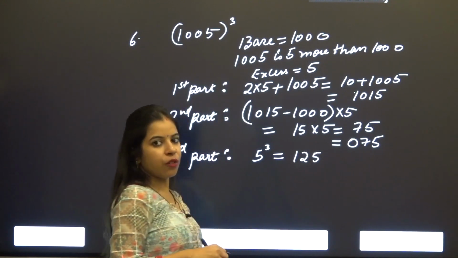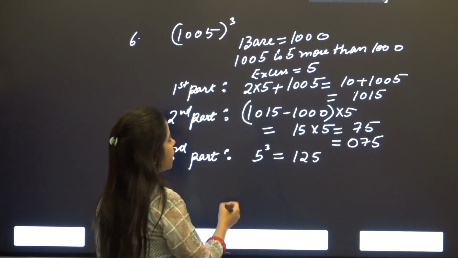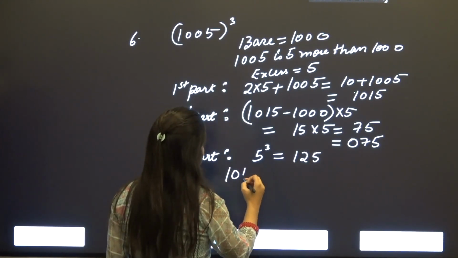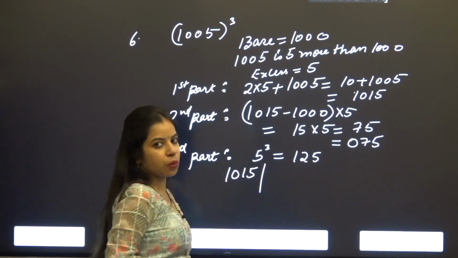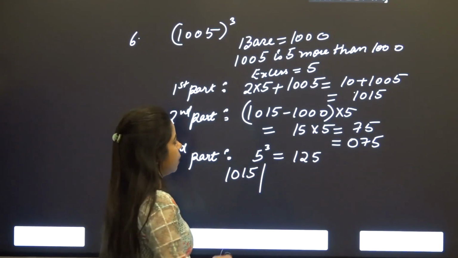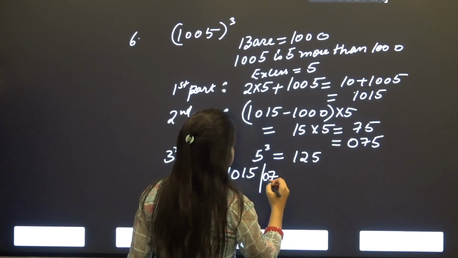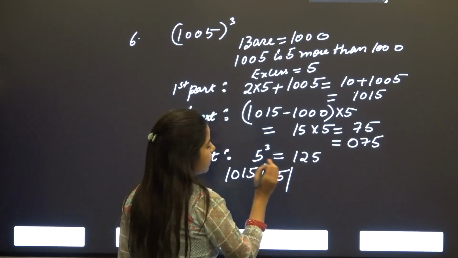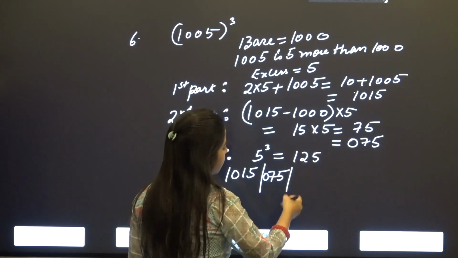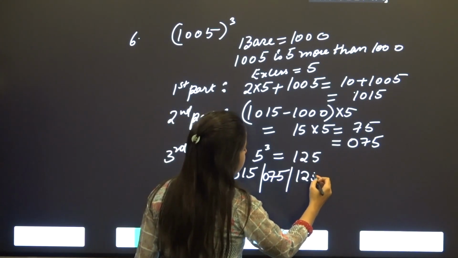For the final answer, we are going to write the first part, which is 1015, oblique, then the second part 075, and oblique the third part.